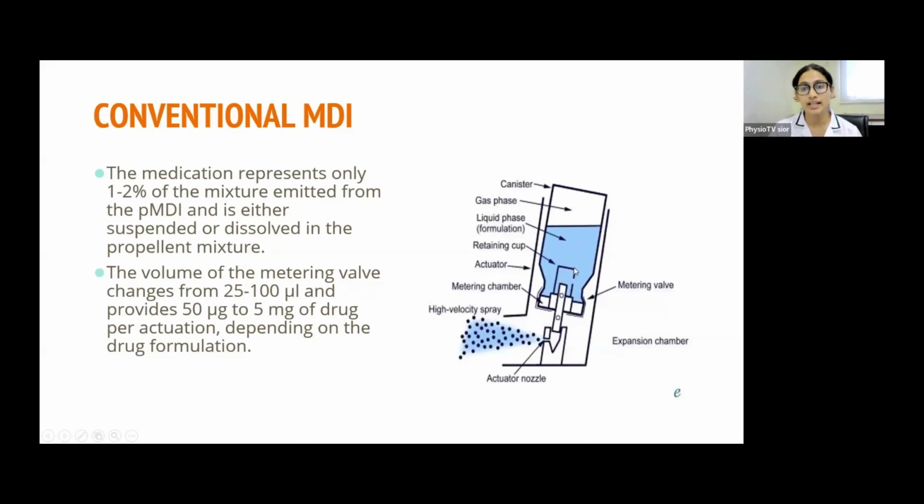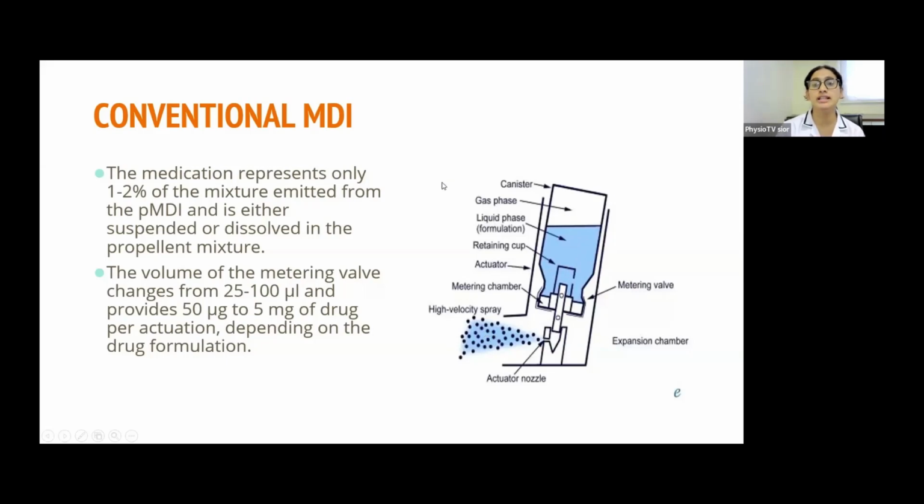This is the retaining cup, which is connected to the metering chamber, and that is connected to the actuator nozzle. Every time that you press down the canister, this actuator nozzle is going to open up and a high velocity spray of the formulation along with the propellant is seen.